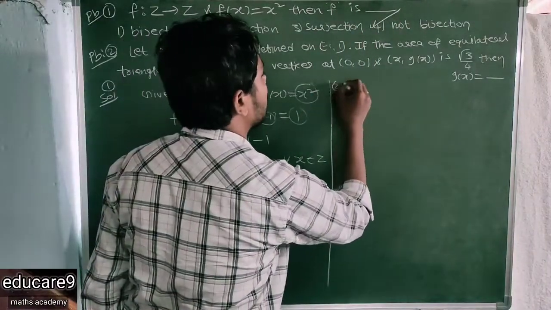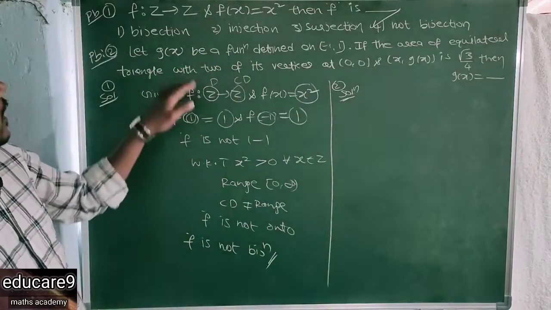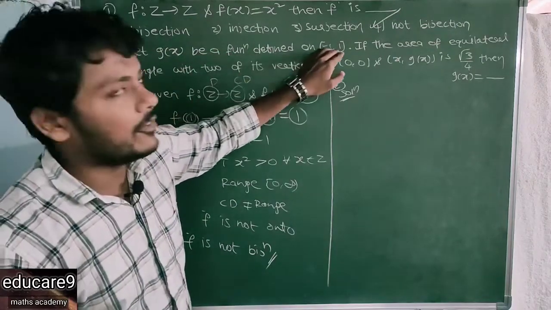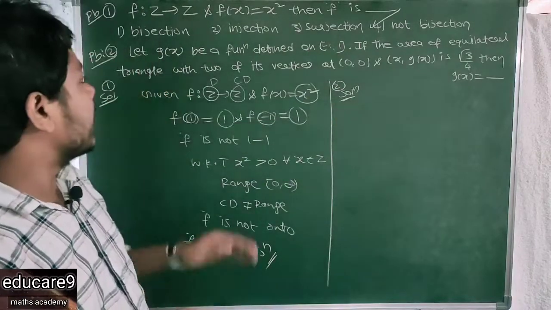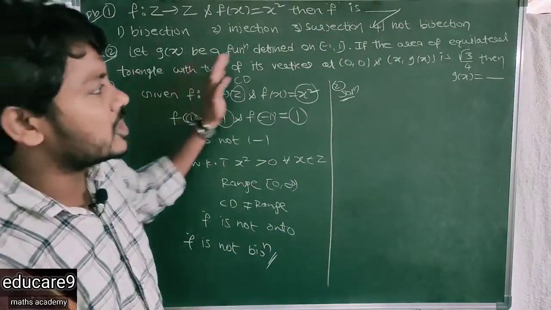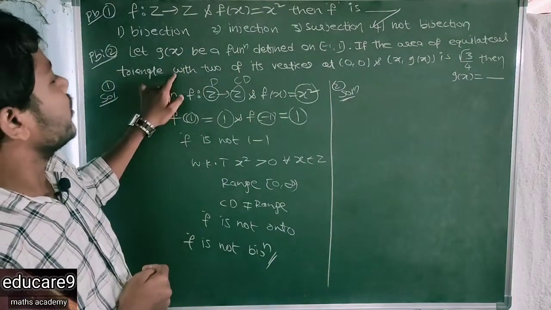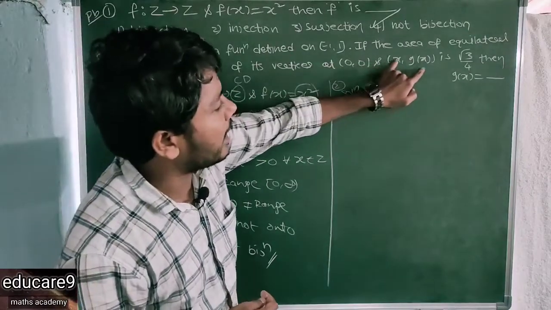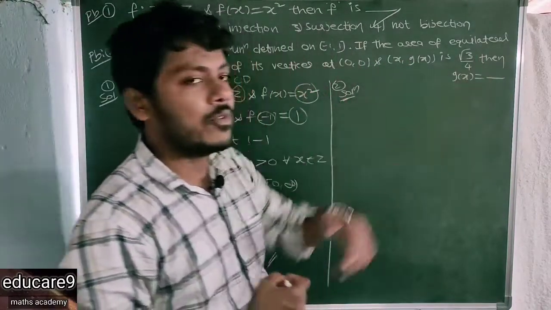Question number 2 solution. Let g of x be any function defined on the interval minus 1 comma 1, and the area of the triangle, which triangle is it? Equilateral triangle, with two of its vertices given, that is 0 comma 0 and x comma g of x, is root 3 by 4.